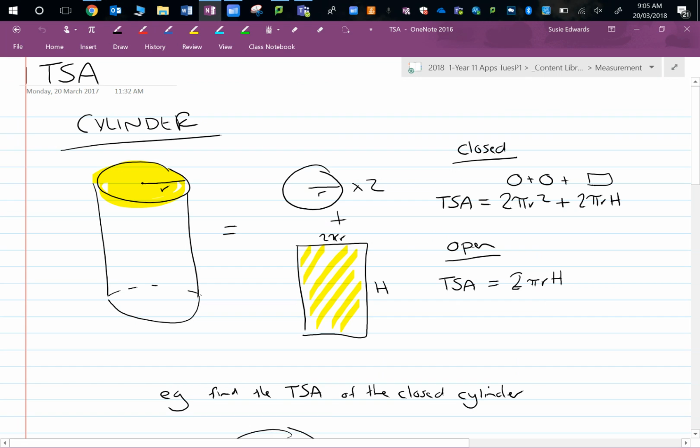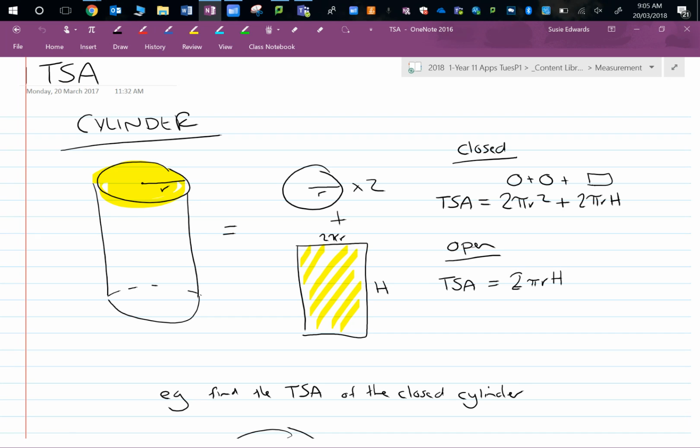So, cylinder. We've got 2 circles, and we've got 1 rectangle, which is the height, and 2 pi r, which is that circumference we just talked about. If it's a closed cylinder, then you're looking at 2 times pi r squared, which is your 2 circles, plus 2 times pi r h, because we're saying the circumference times by the height.